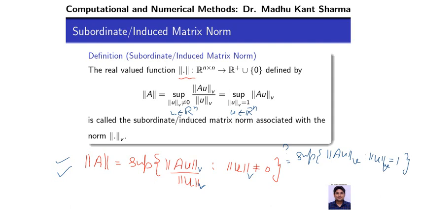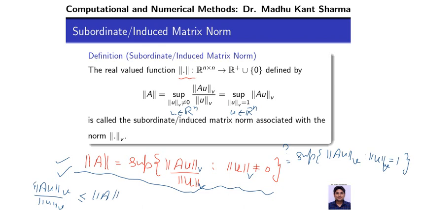Right. So from here, what will be your straightforward observation? Norm A is defined as the supremum of this set, so every entry in it is less than or equal to norm A. From this definition it is very clear that norm of Au divided by norm of u is less than or equal to norm A for any u.